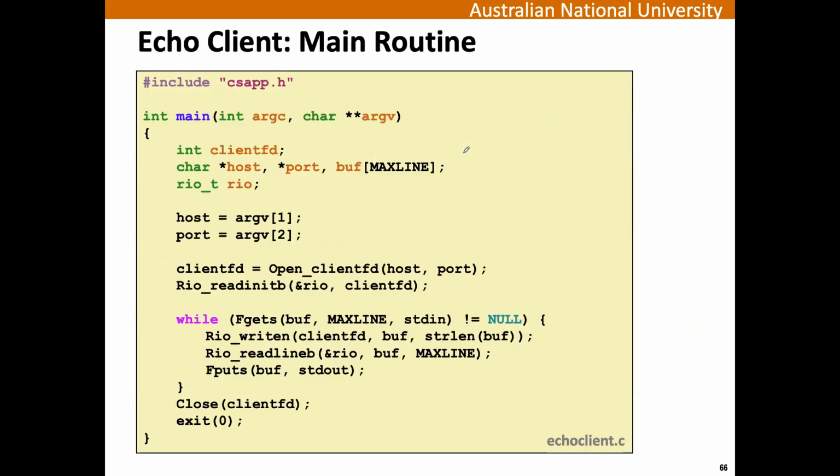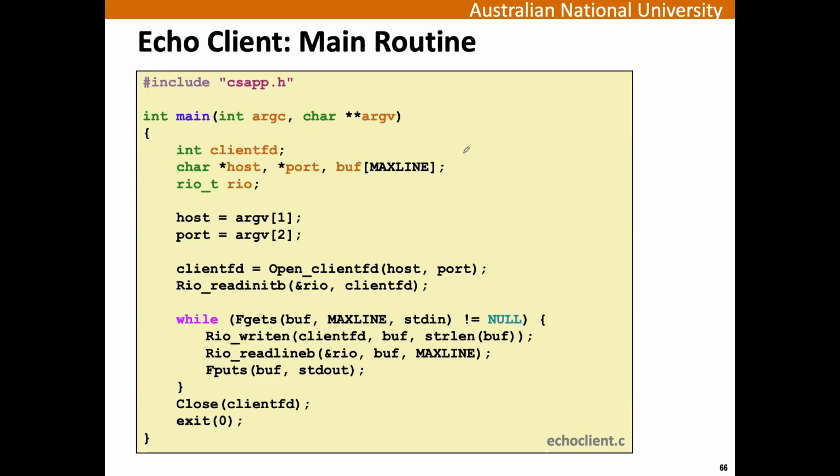So let's look at a very simple network application called the echo server. In this application, the client reads a line from standard input. On the client side, someone types in a line from the keyboard.